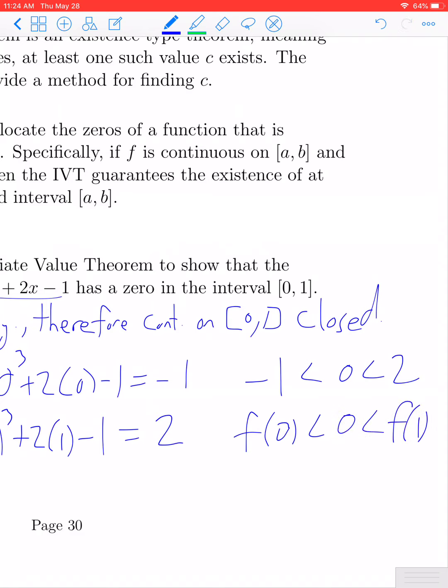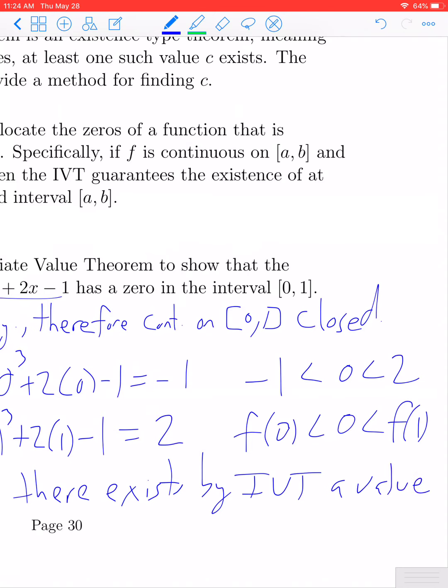That means that there will be a point. So there exists, by the intermediate value theorem, a value c in the open interval 0 to 1 such that f of c would be equal to 0.